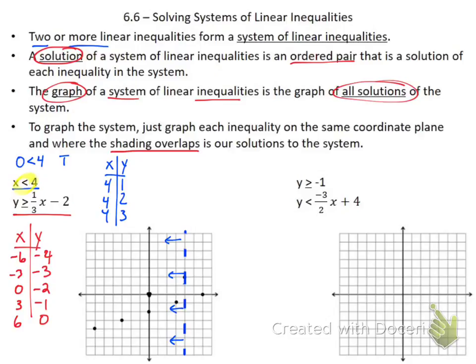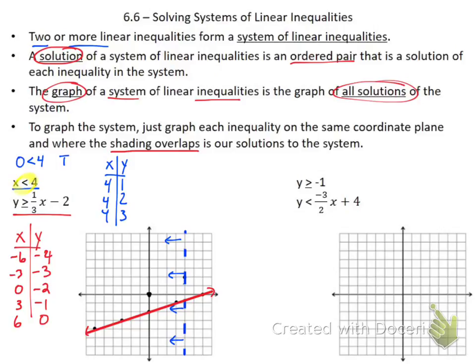So when I plot those points, this one is going to be a solid line, because my inequality sign has a solid line underneath of it. And then, again, I want to test my ordered pair 0, 0.